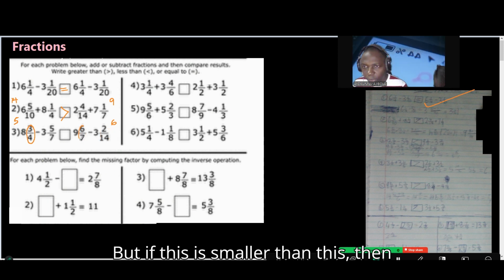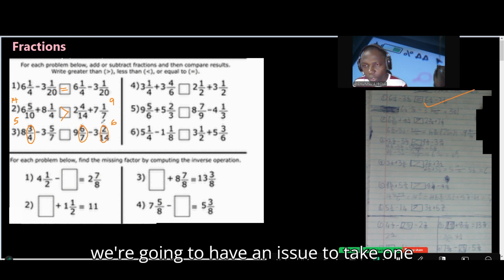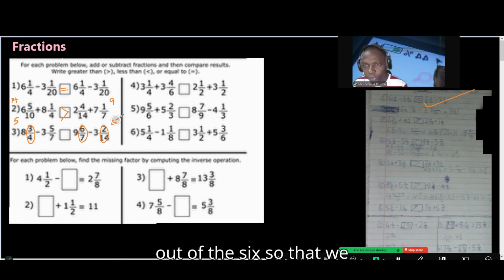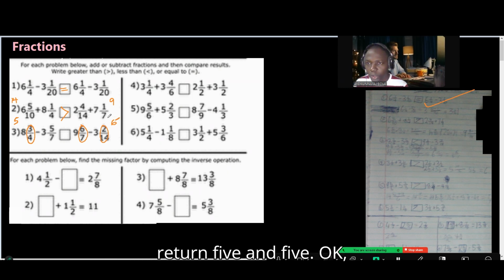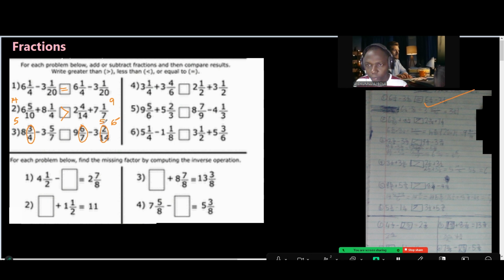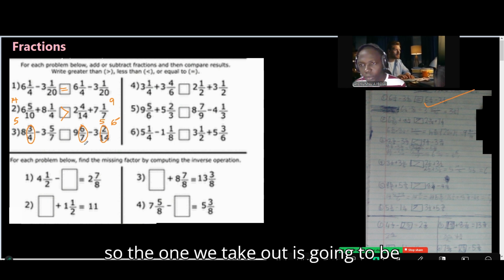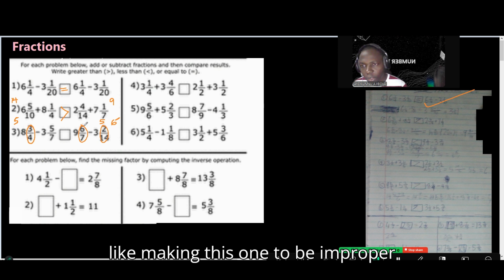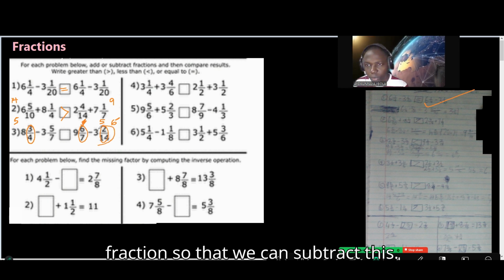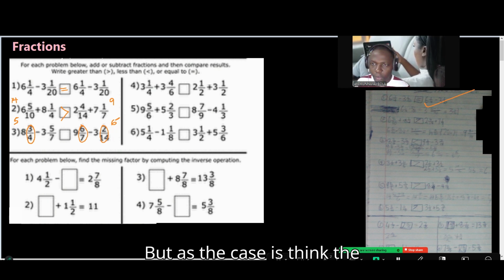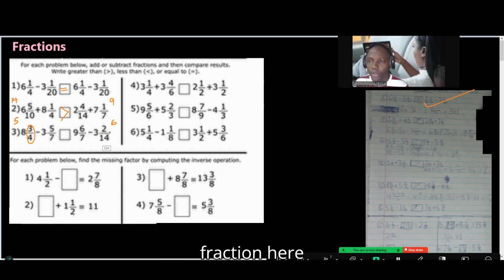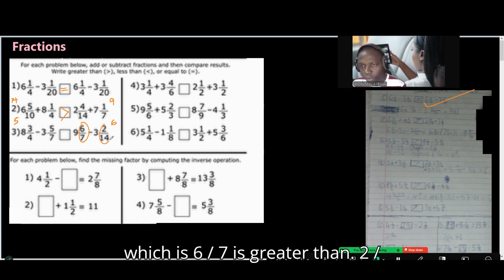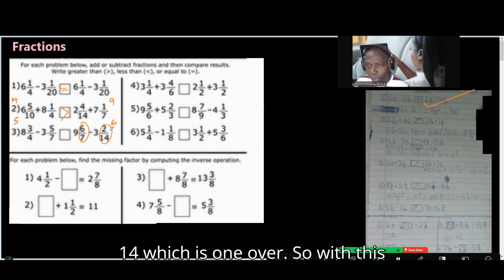But if this is smaller than this, then we're going to have an issue to take one out of the 6 so that we return 5 and 5. The one we take out is going to be like making this one an improper fraction so that we can subtract this. But as the case is, the fraction here, which is 6 over 7, is greater than 2 over 14, which is 1 over 7.